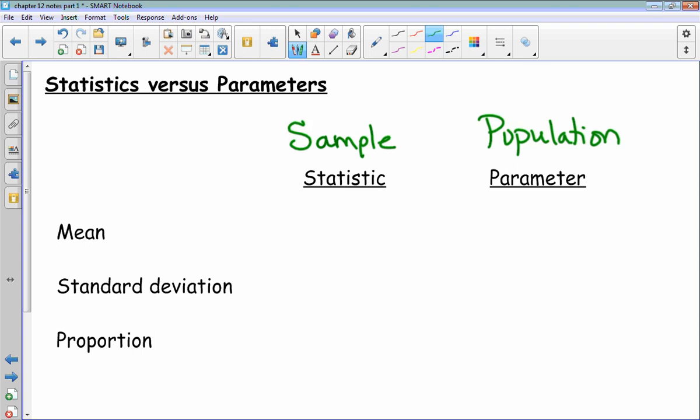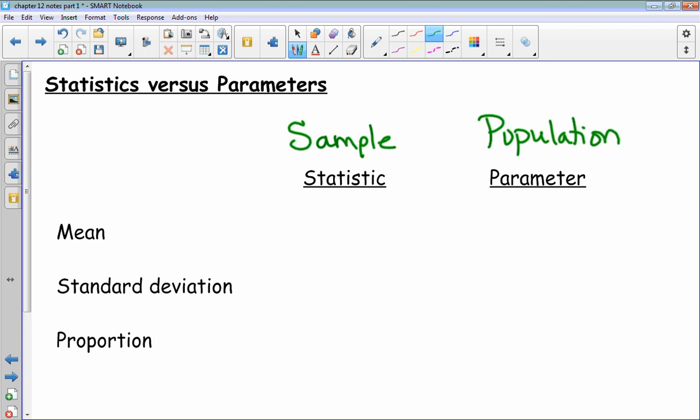It's a statistic because it's an average of a sample size 5, right? What would an example of a parameter be with our NFL salaries? The real average, the true average of all of the salaries combined. That would be a parameter.